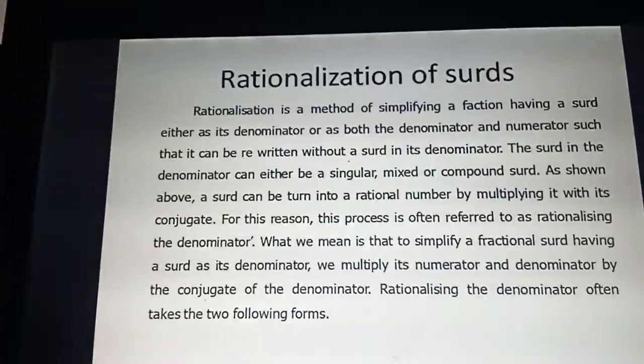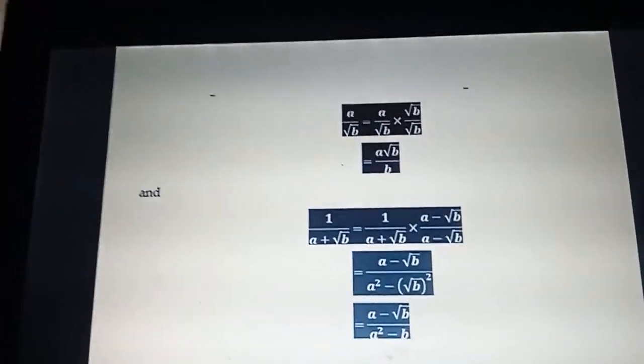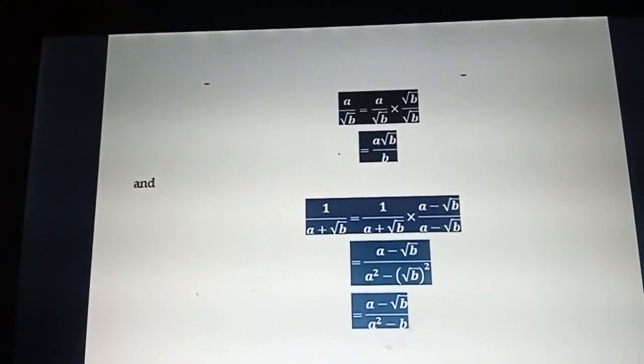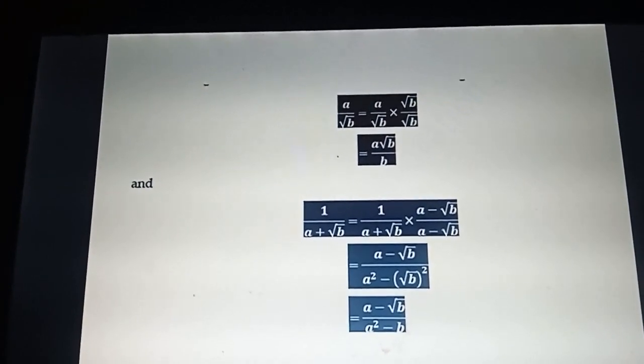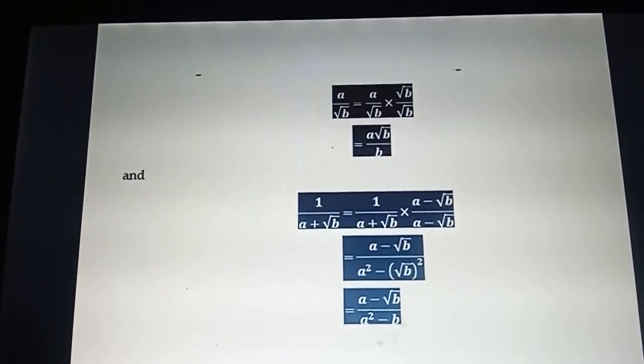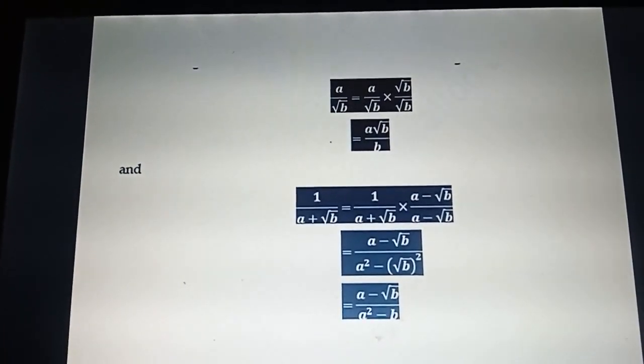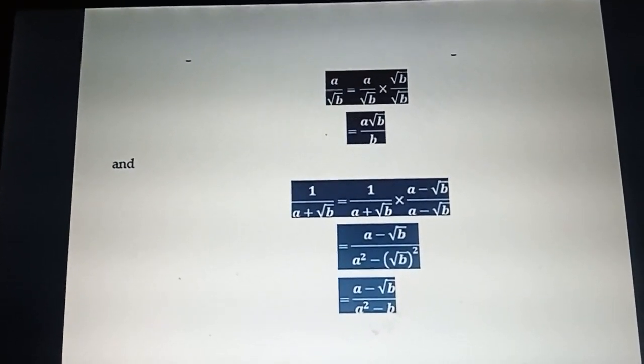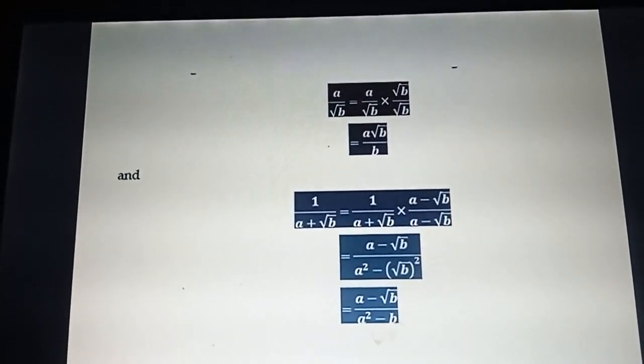Seeing this, a all over root of b is equal to a all over root of b. You multiply by the conjugate of the denominator, that is root b.